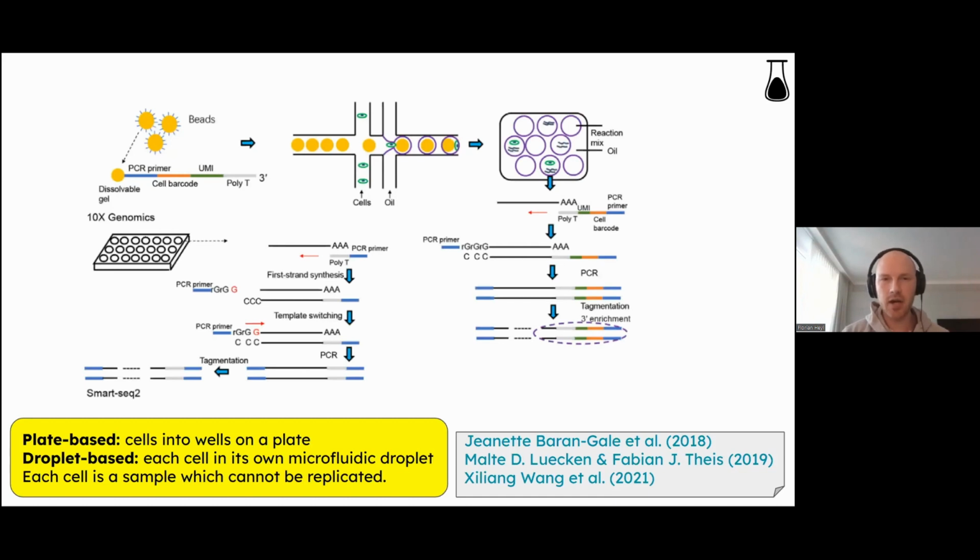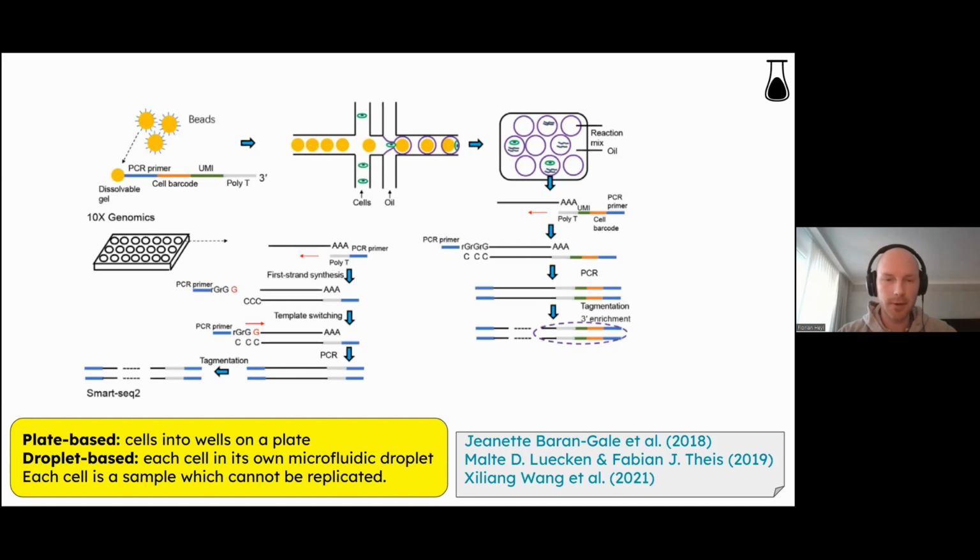And there are similar. The difference here is you don't use these beads and these droplets. What you do is you sort your cells with cell cytometry. One way is, for example, with fluorescent cell cytometry.